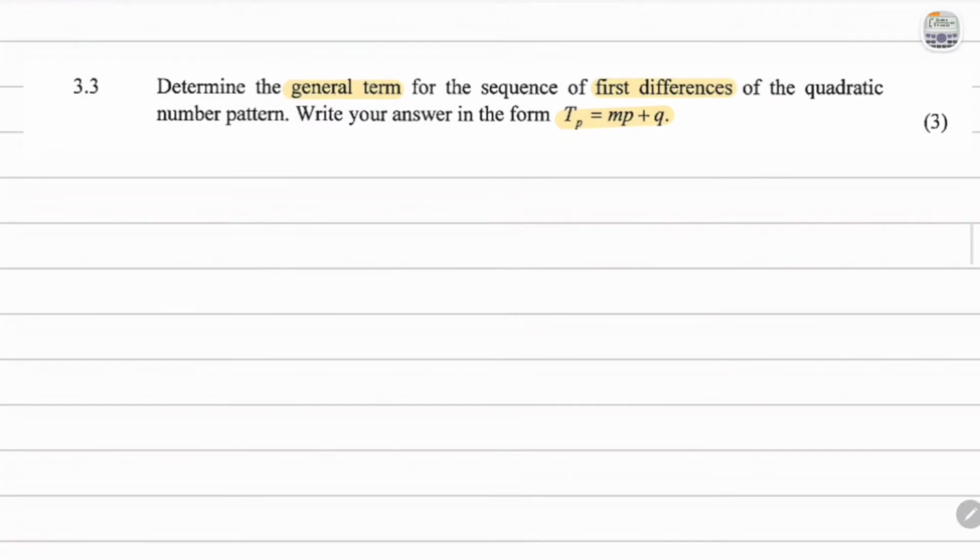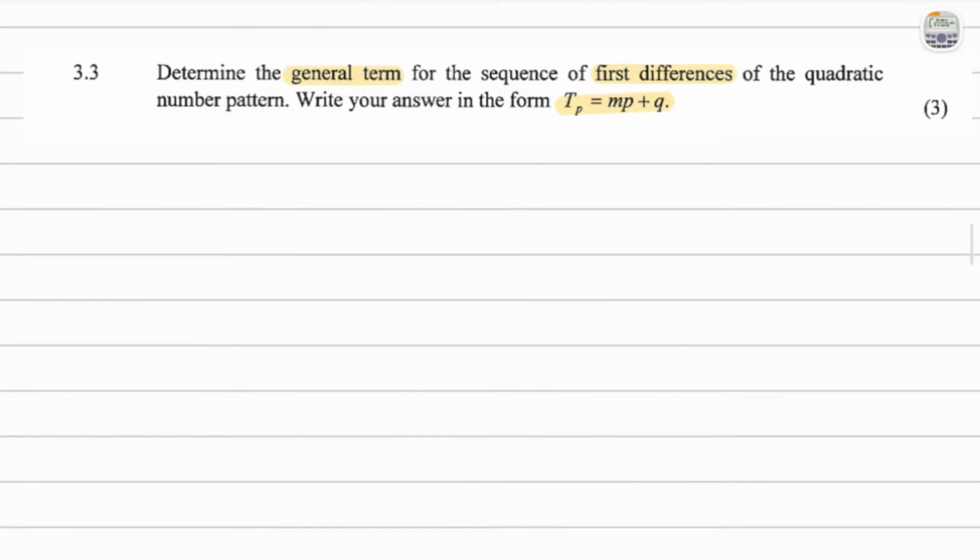With this question, we can use a grade 10 approach and it's going to work out fine. So just using what we know, it's in the form of Tp is equal to mp plus q. The m stands for your constant difference, because it's an arithmetic sequence. This is the general term of an arithmetic sequence.